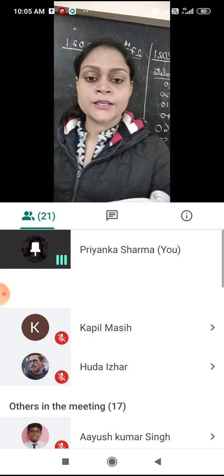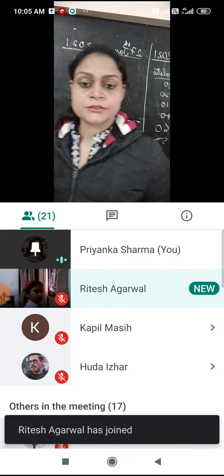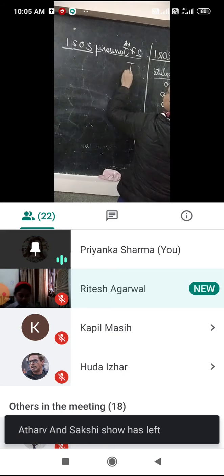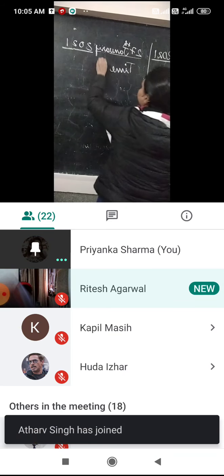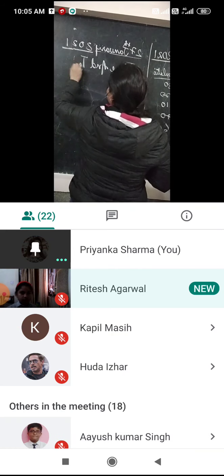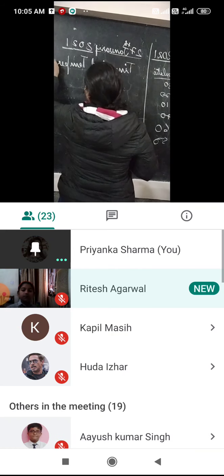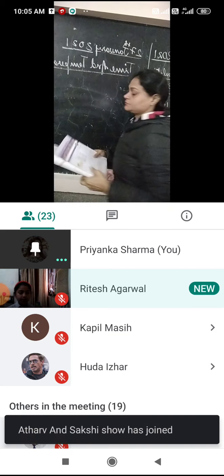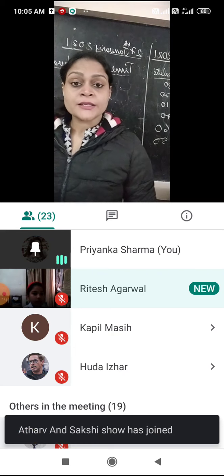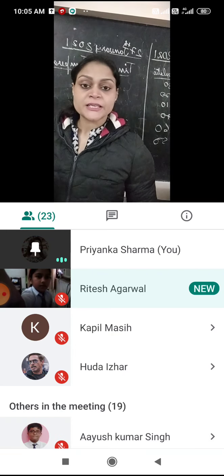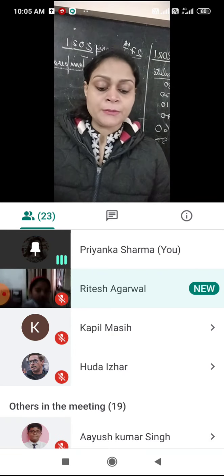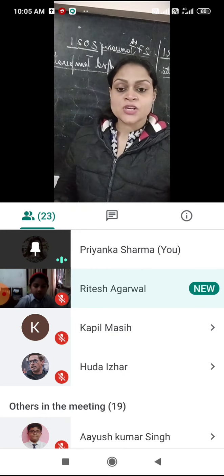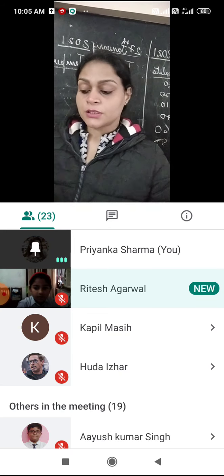Look at the chart given on page number 196, the time chart. This chart can come as MCQs. MCQs means multiple choice question when you will get in the exam. 1 mark question. You can get this chart as the MCQs.